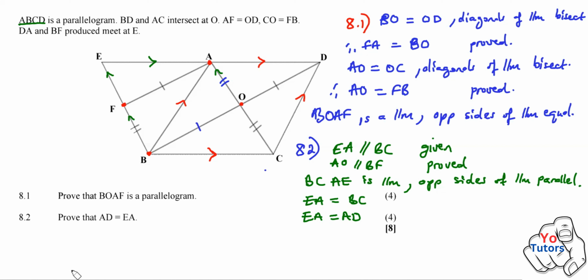Then also make sure that your diagonals are bisecting each other. Then you also have to prove that if one pair of opposite sides are equal and parallel, then the shape is a parallelogram. Those are the things that you must remember.